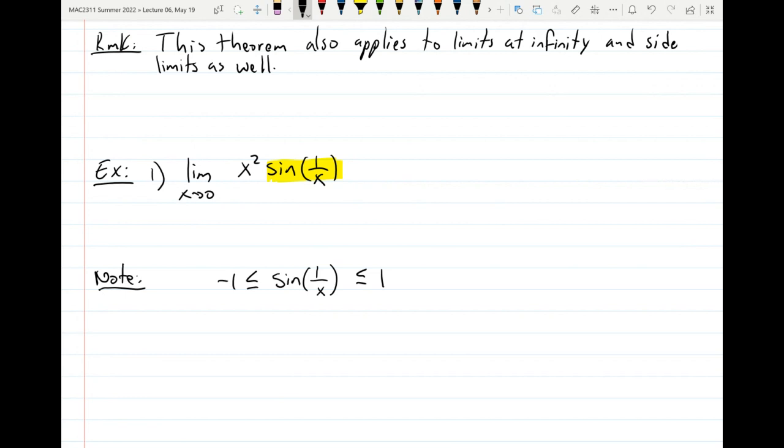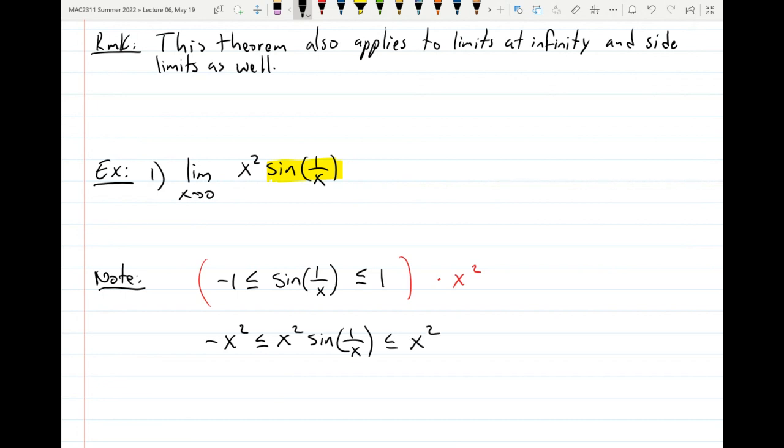So what do we need? We need x squared times sine of 1 over x. So let's multiply everything by x squared. We can do that. Multiplying everything by x squared gives us negative x squared. Notice that x squared is positive, so we don't have to flip any inequality. You have to be careful, because when dealing with inequalities, if you multiply by something negative, remember, you need to flip the direction.